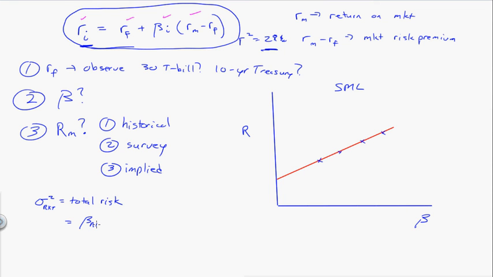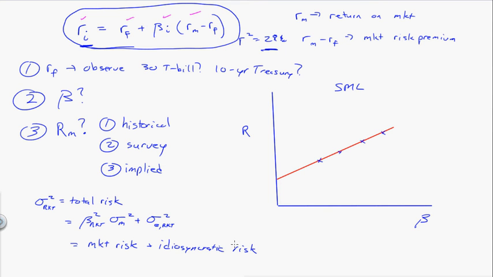The beta for ROC 10 squared times the variance of the market plus this error term for ROC 10. So this is called the market risk. This is called the firm-specific or idiosyncratic risk.